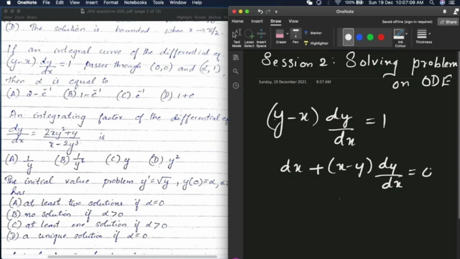I've written it in the form M dx plus N dy is equal to 0. So you know M is equal to 1, N is equal to x minus y.